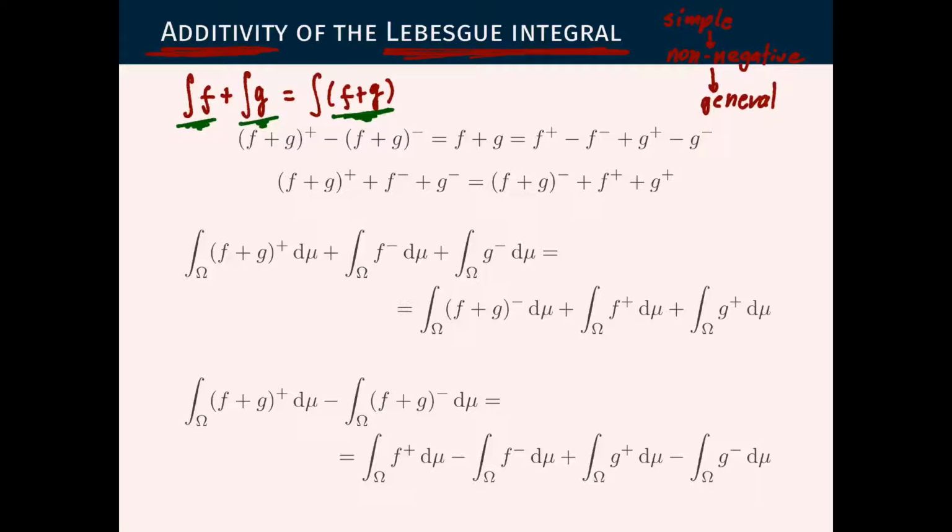So we're assuming these two are not both infinite with opposite signs, and for this reason, we can assume that none of these is minus infinity. So this integral is not minus infinity, and this integral is not minus infinity. And why is that? Because if one of these is minus infinity, then we can just substitute minus f instead of f, and minus g instead of g.